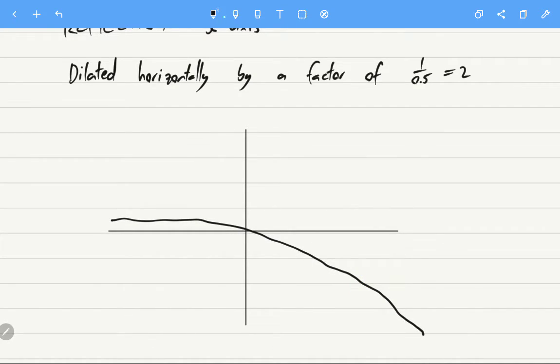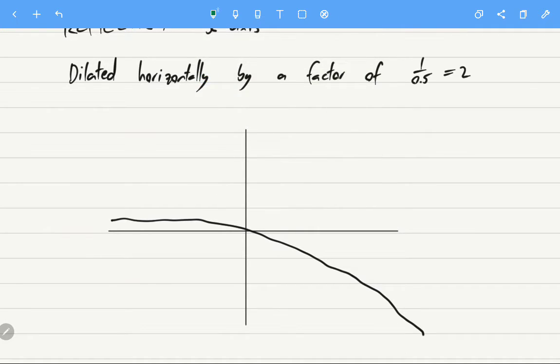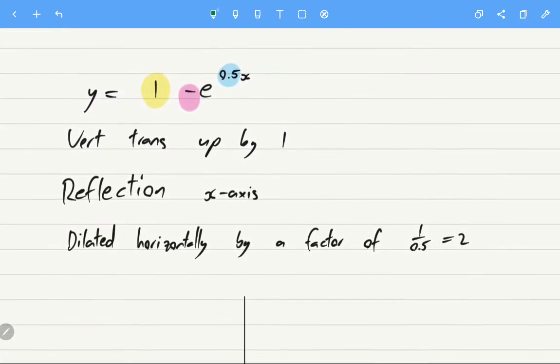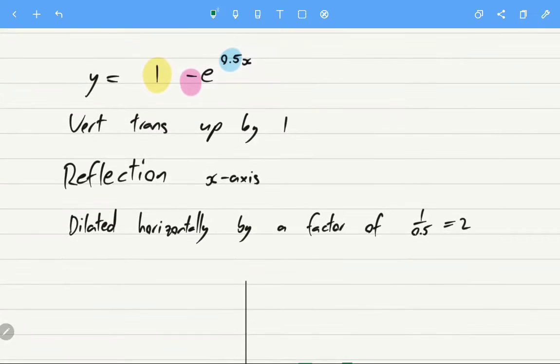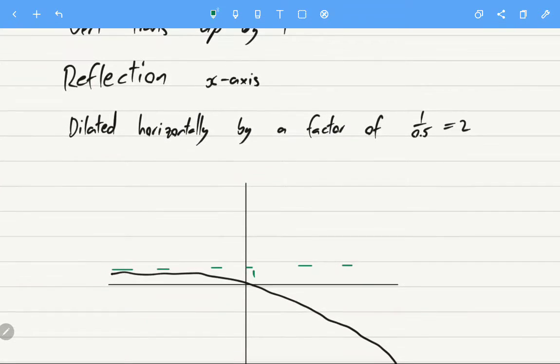Now, because of this last bit, it means that our asymptote is going to have moved up to y equals 1. Okay, so there's an idea of what these sorts of transformations look like. We'll do one more transformation just to have a play with, and then we'll be moving on.